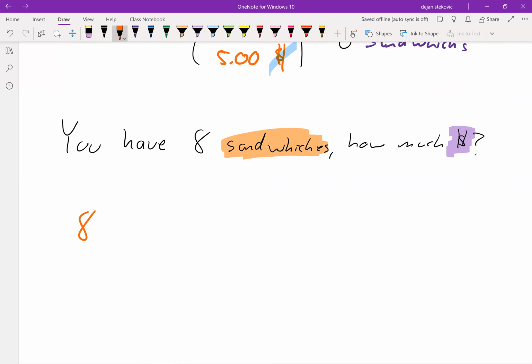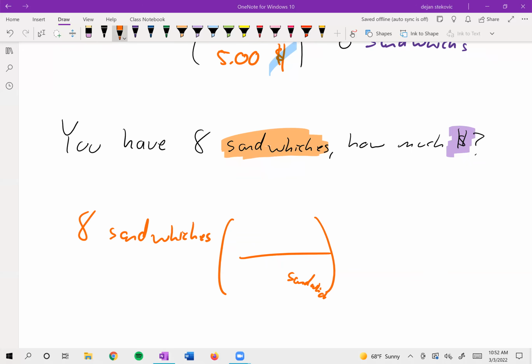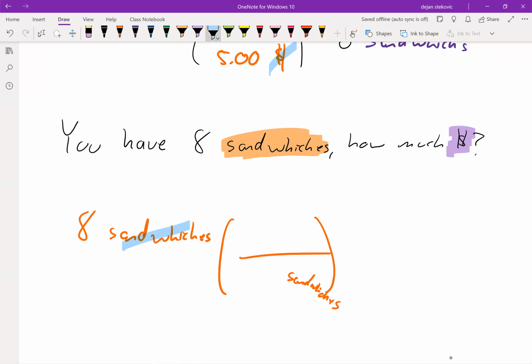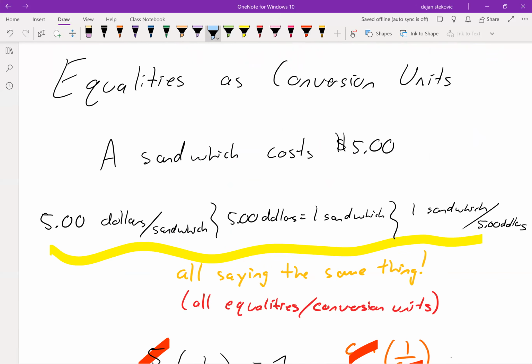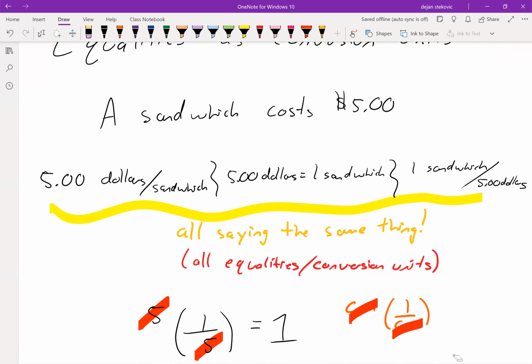Either way, we're going to want to put that 8 sandwiches right here, and then we know we're going to want sandwiches down here in the denominator. That way they cancel out, right? I haven't even thought about the problem yet at all. All I've done is written my value and then know that the next thing I'm going to do is cancel it out. And then I just look through the problem or think about what I know and try to place it. So here we have sandwiches down in the denominator, so we want to use that one.